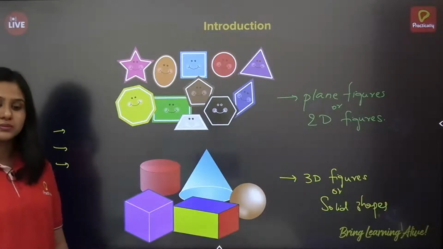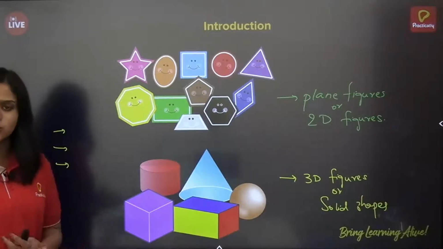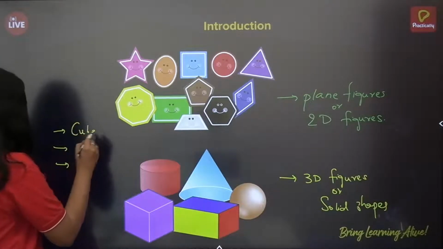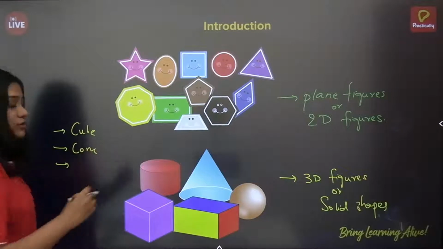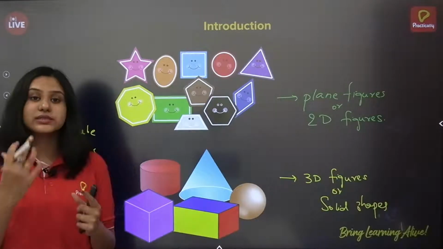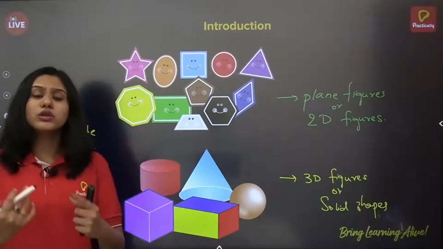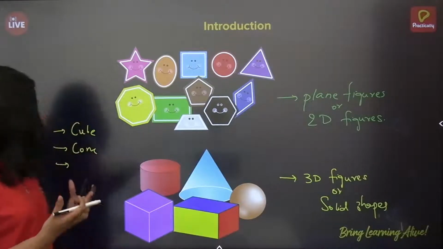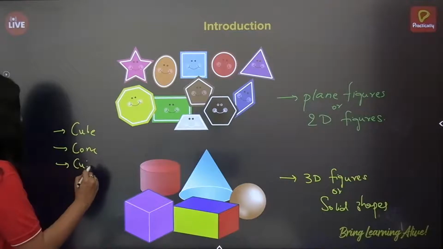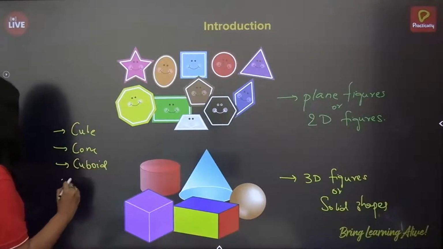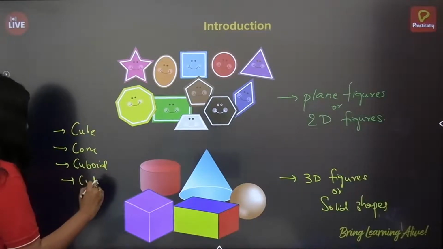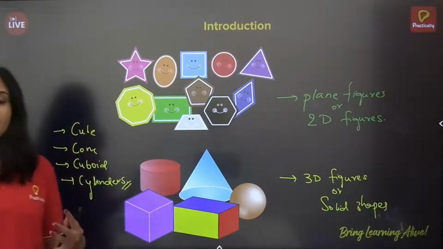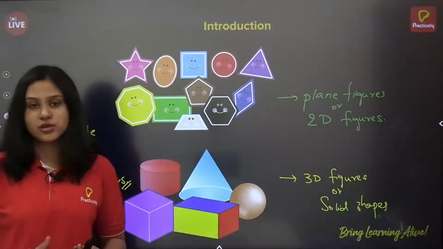Cube is a well-known three-dimensional figure, correct? Next, cone is one. When you have a cone ice cream and hold it, that is nothing but the shape of a cone. Cone is also one of the solid figures. Next is cuboid, and cylinder. These are all examples of the three-dimensional figures we have.